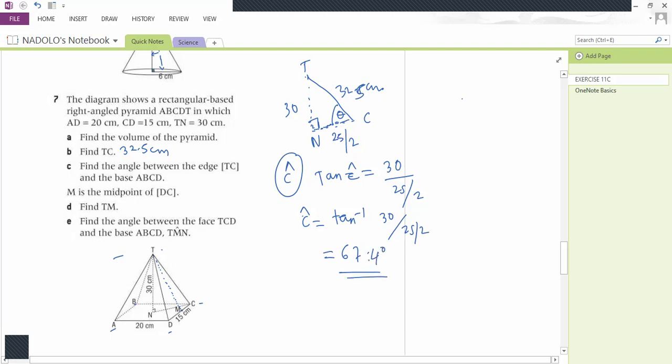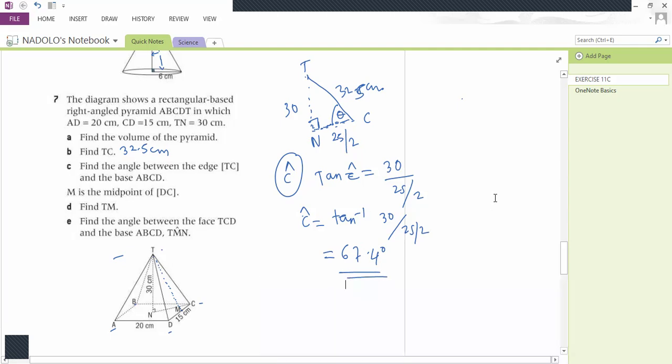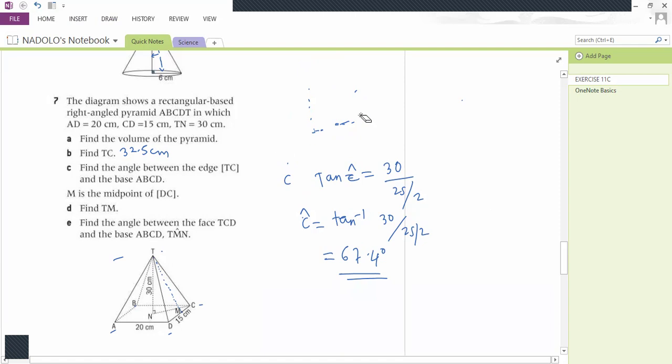That is the angle between the edge and the base. So moving on to part D, they are saying that M is the midpoint of DC. M is the midpoint of DC. And then they're asking you to find TM.